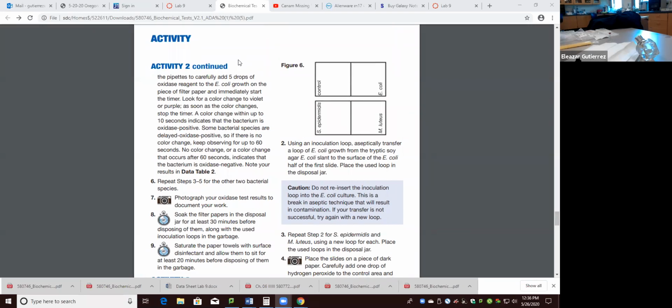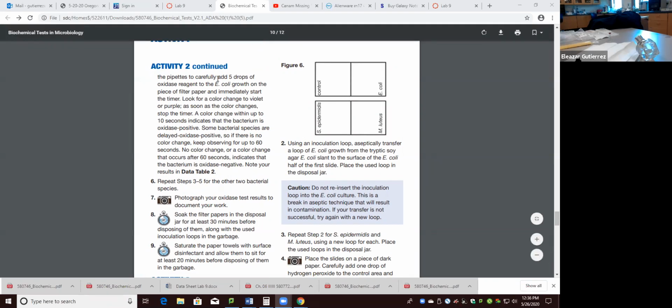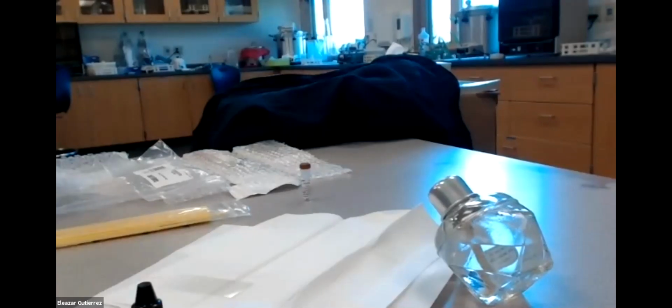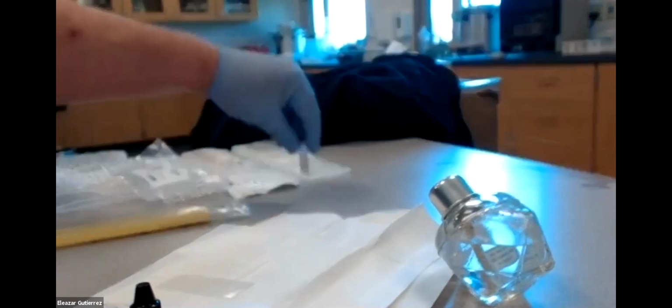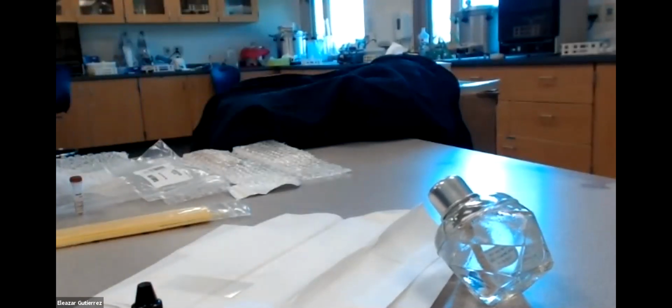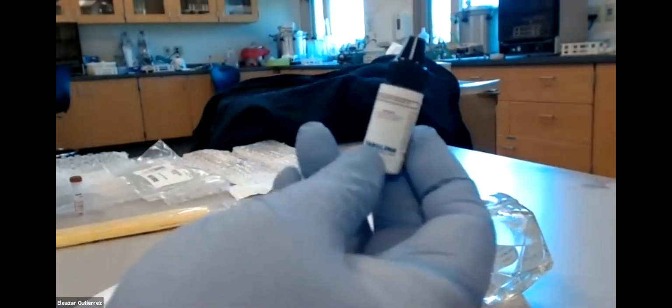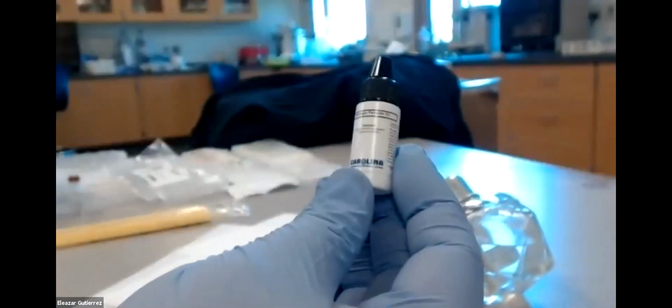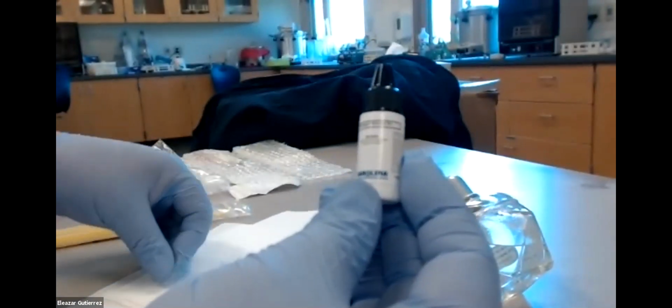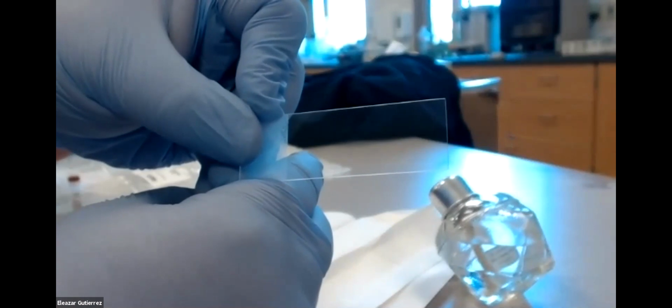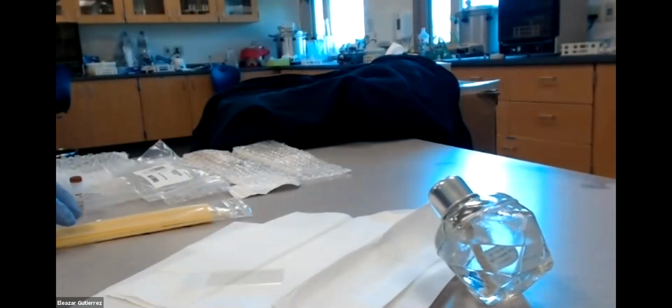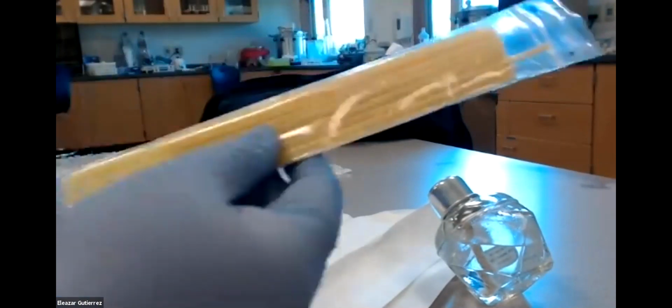So what are we going to do? Here, let me stop sharing for a second so we can look at this. What do we need? We're going to move this guy away, and we're going to need the hydrogen peroxide that comes with the kit, the microscope slides that come with the kit, and, not surprisingly, our loops.